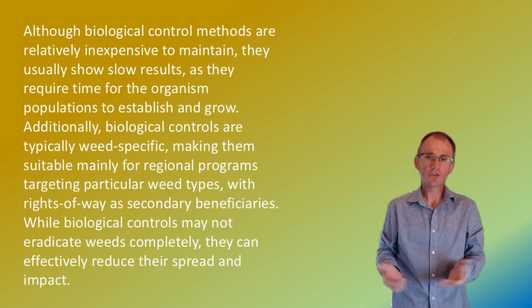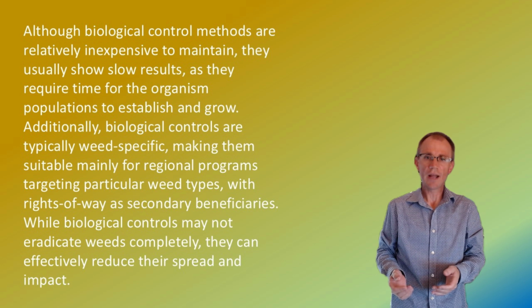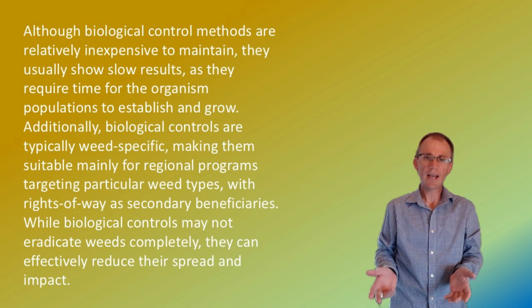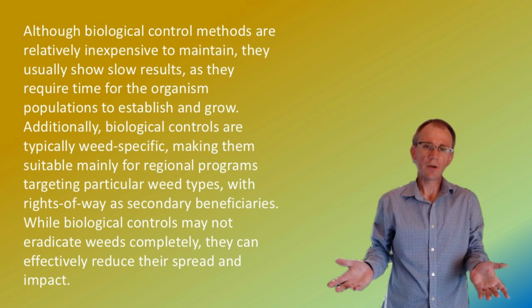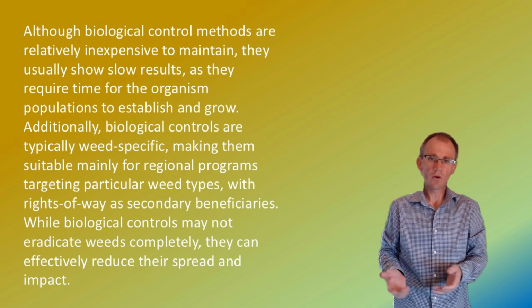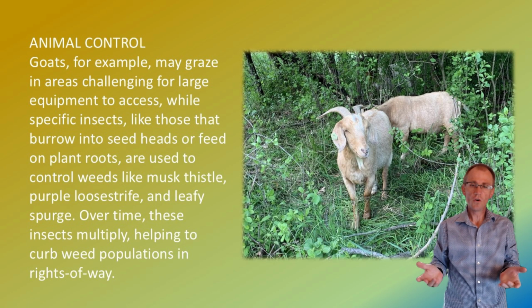Additionally, biological controls are typically weed-specific, making them suitable mainly for regional programs targeting particular weed types, with rights-of-way as secondary beneficiaries. While biological controls may not eradicate weeds completely, they can effectively reduce the spread and impact. Animal control.